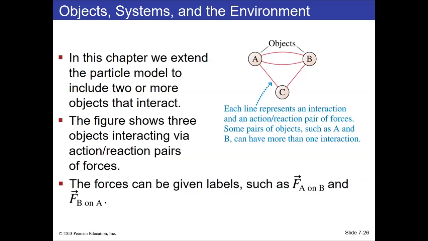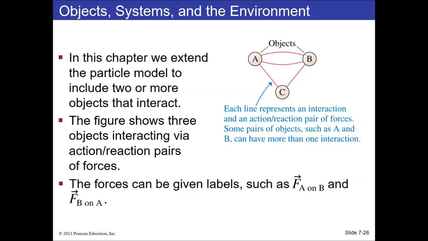Interaction diagrams help you organize objects, environment, and interaction. This is very similar to having a motion diagram or a force identification diagram. This is a tool that I hope you can utilize to understand interactions. Again, this is not something that will be necessary for everything unless I tell you to do it, then you've got to do it. But it's a tool that can help you understand interactions if you need it.